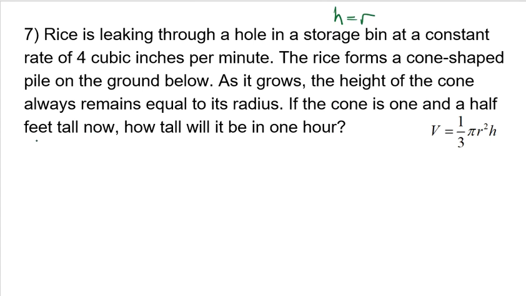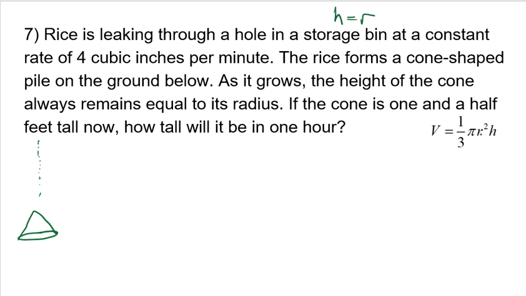All right, so imagine we have rice and it's leaking from some position. It's falling. And as it falls, it creates a cone shape, right? And I know that the volume of that cone is 1/3 pi r squared h. But they did tell me that the height always remains equal to the radius. So that's kind of nice. That means I could actually do one of two things.